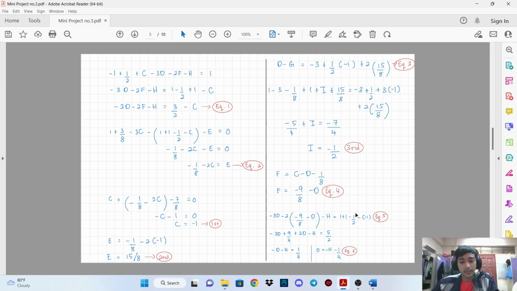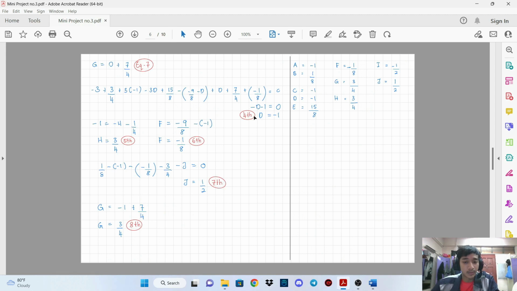For the fourth, we get d equal to -1. For the fifth, h, we get 3/4, and for f we get -1/8. For the seventh, we get j equal to 1/2, and for the last one, we get g equal to 3/4.